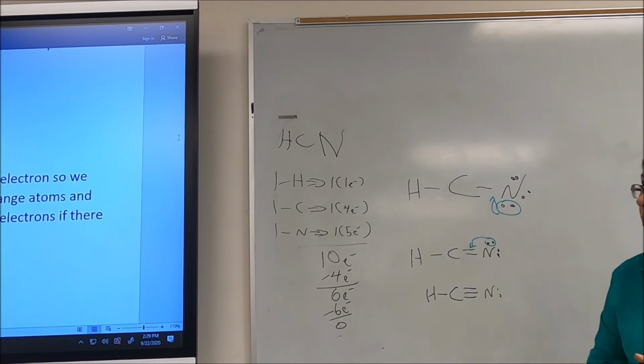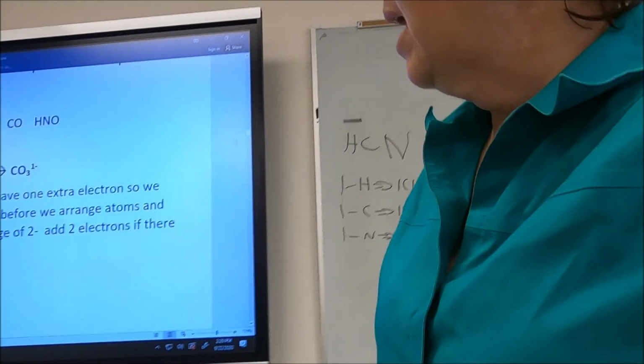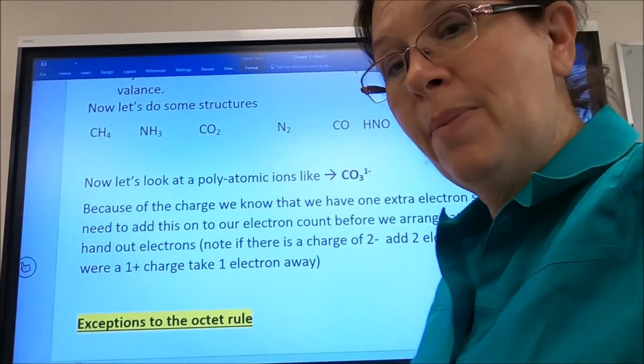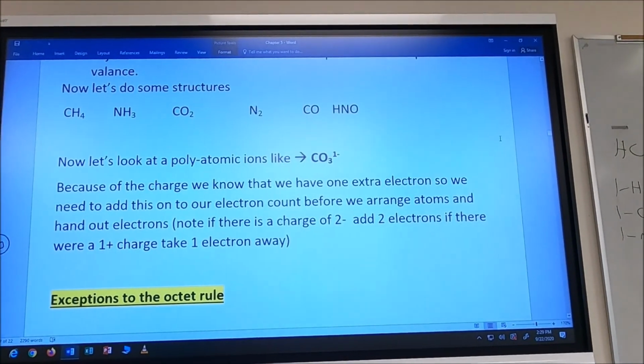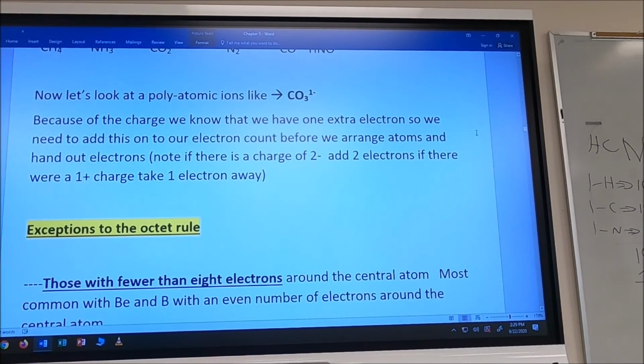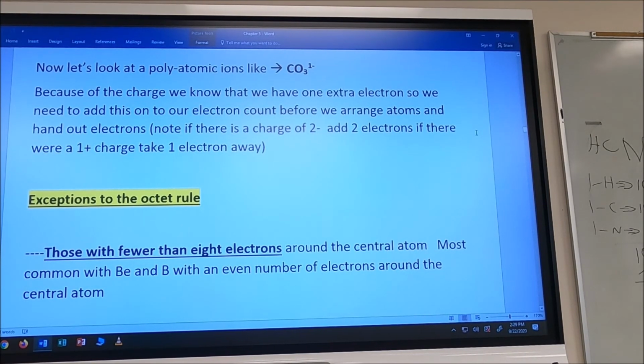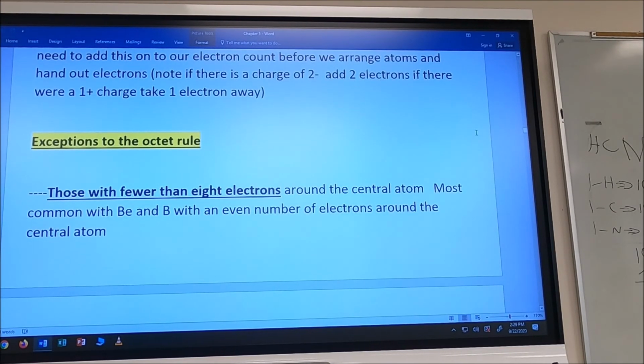All right, so let's move on and start talking about exceptions. Every rule has exceptions, right? So we're going to look at exceptions to the octet rule. We're going to start out with those that have fewer than 8 electrons around the central atom.